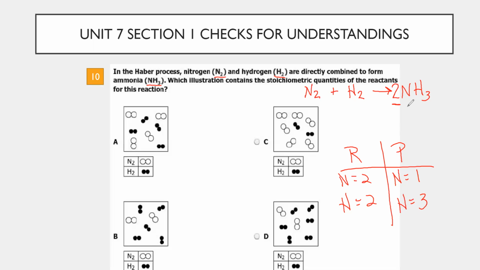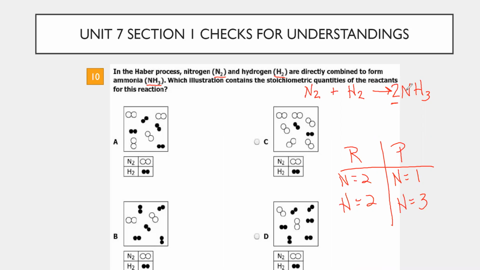Actually, no, we can't. Guys, this is where I told you if you screw up, you can go back and you might have to fix it. This is one of those ones you kind of have to look ahead, because you're going to have to put a coefficient in front of this NH3. And the reason being is if you try to fix your nitrogen, it's going to mess up the other two.